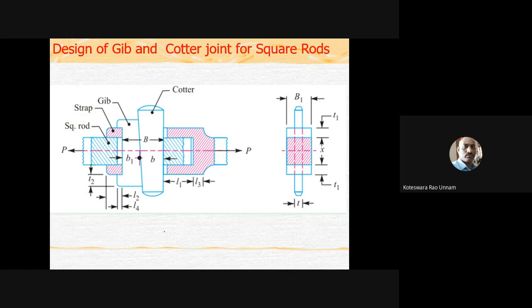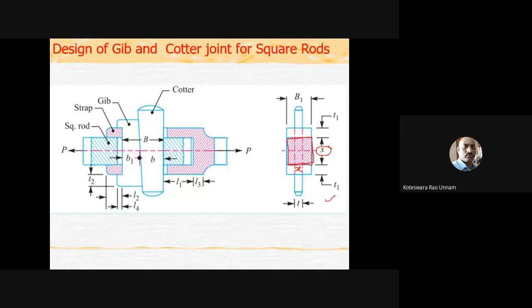This is the front view and this is the side view he has given. From the side view you can clearly see the rod, which has a square cross section. If I cut the rod here, it is a square cross section, and he has taken the dimension of that rod as x. So if this is x, this is also x, because it is a square in cross section.